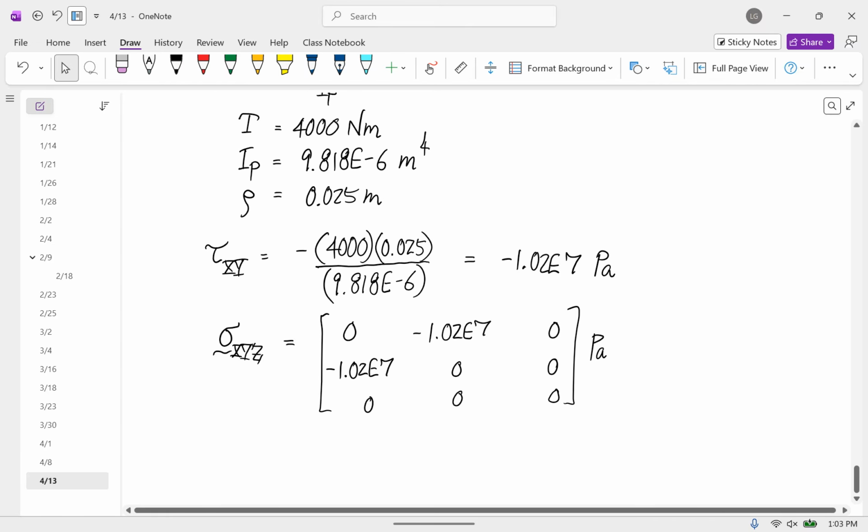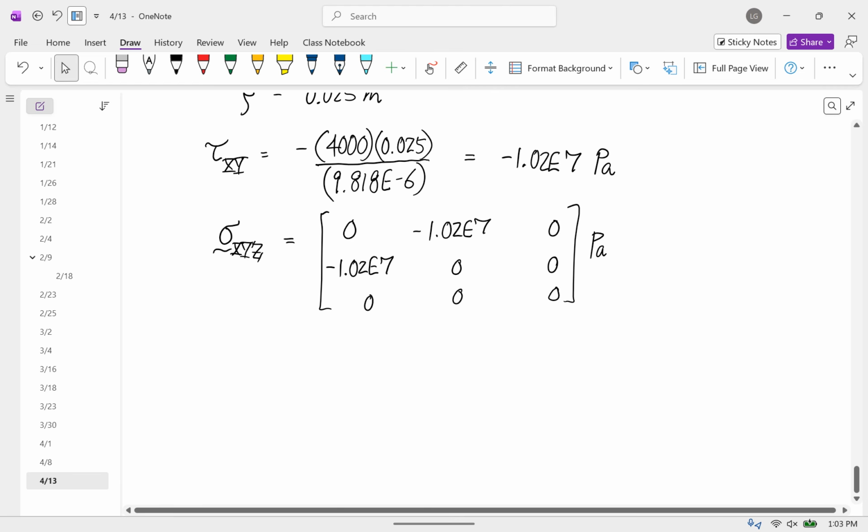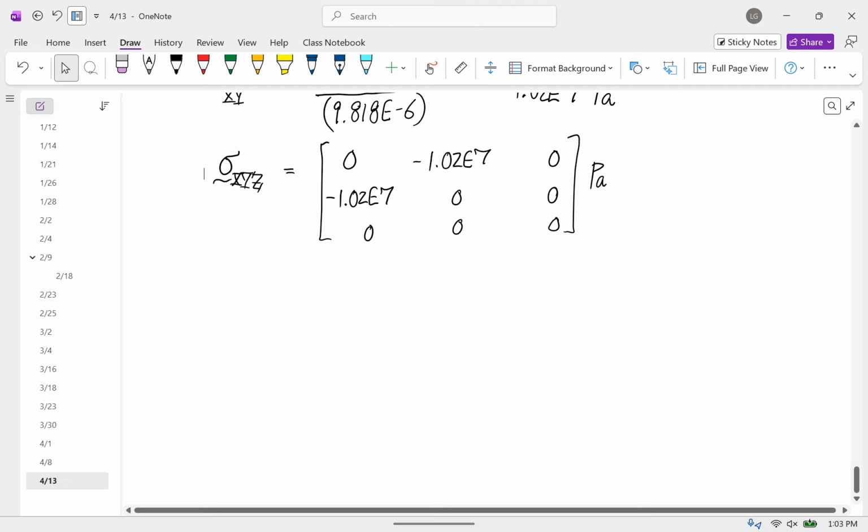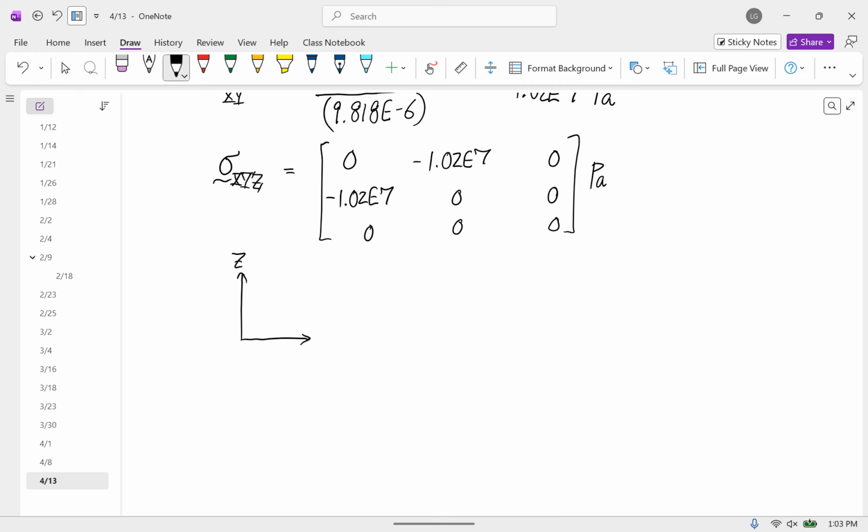But now this time we have to mess with the coordinate systems. Okay, so our temporary coordinate system was this. And the coordinate system we want to finally arrive at is this. We know this is a rotation about the x-axis.